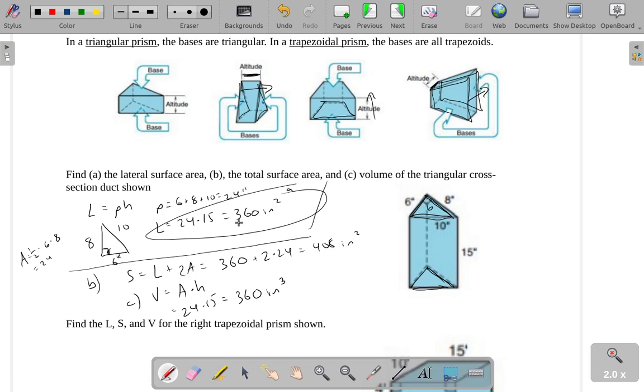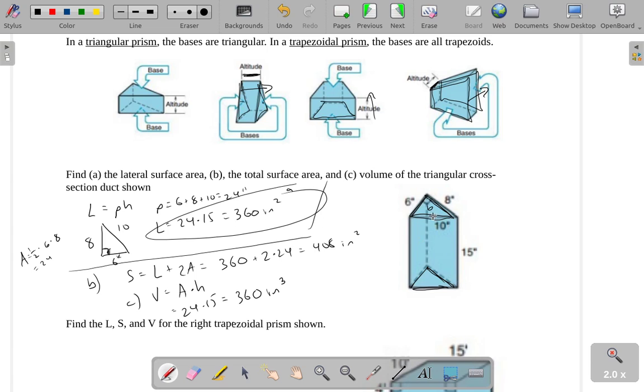Now, the fact that I ended up with 360 square inches for the lateral surface area and 360 cubic inches for the volume, those are completely unrelated numbers. Don't feel like they have to be the same. They don't have to at all. This is just a pure coincidence because we're taking 24 times 15 on both of them. Remember, this is a distance times a distance.